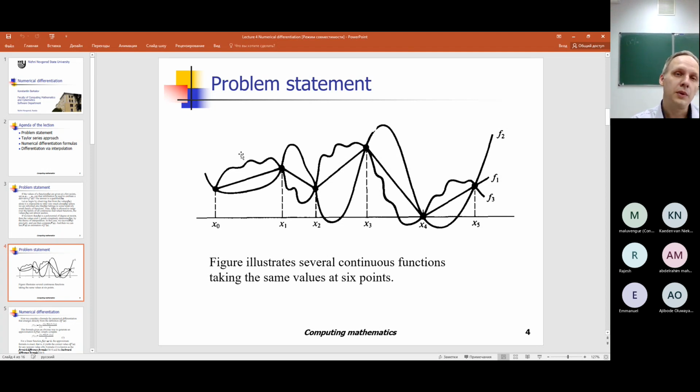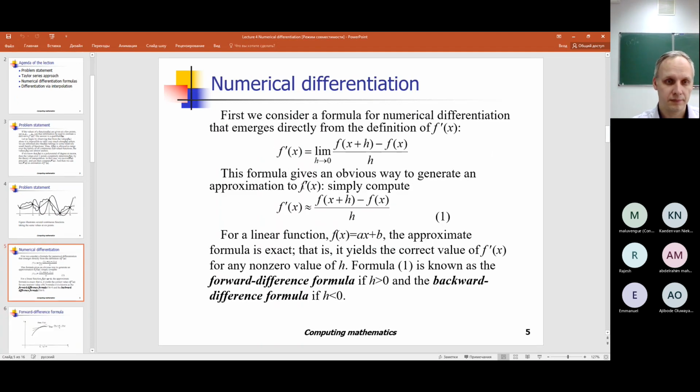We exploit this idea to derive different formulas for numerical differentiation. But some simple formulas can be derived directly from the definition of the derivative.